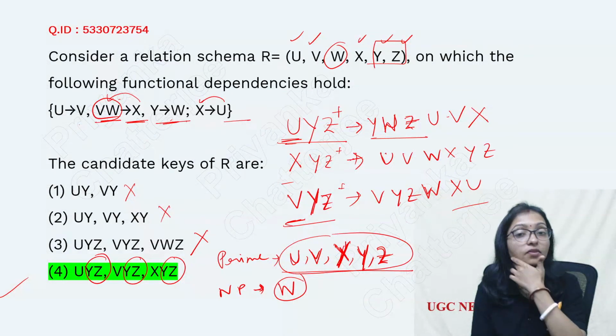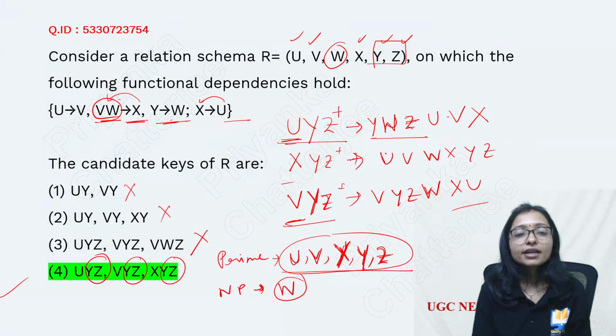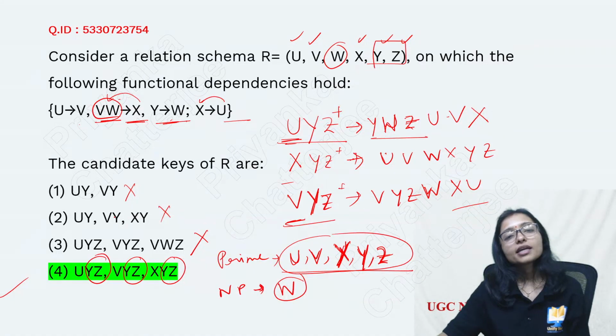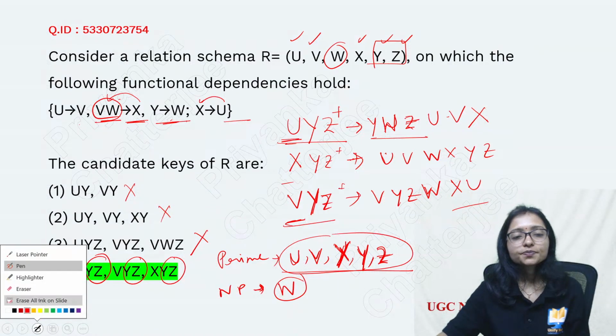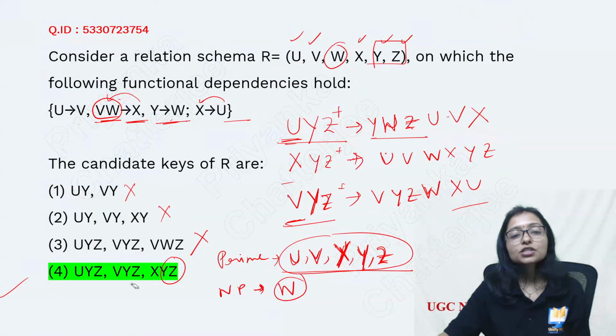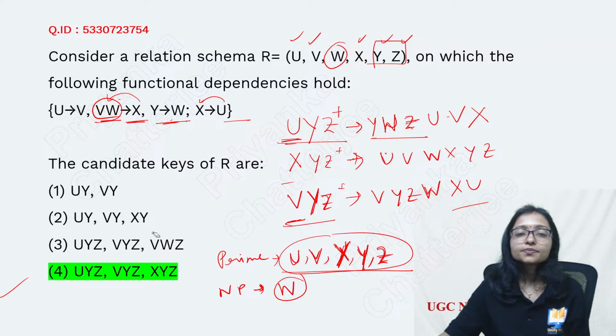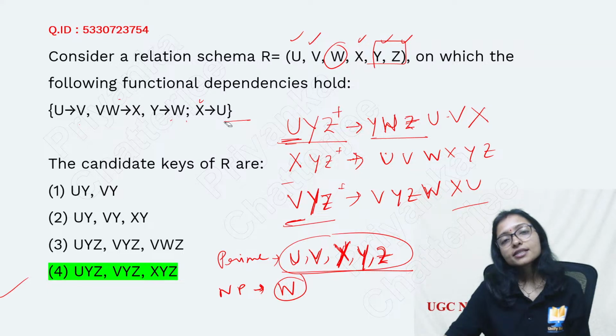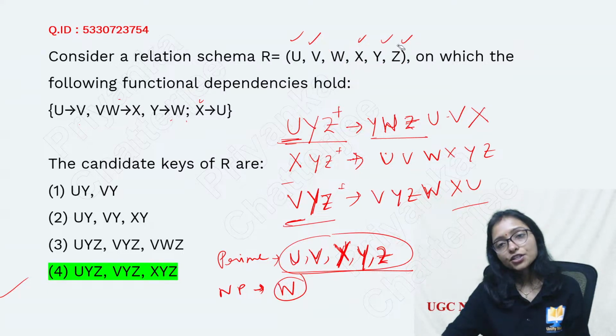After that, now can you tell me, this relation is in which normal form? In this question only, can you tell me it is in which normal form? These are the dependencies given, and this is the relation given.